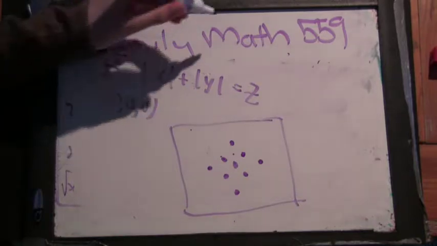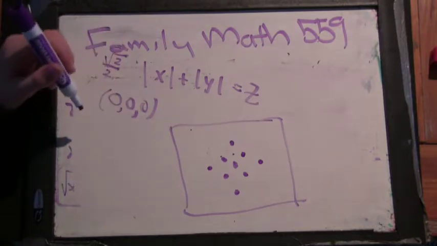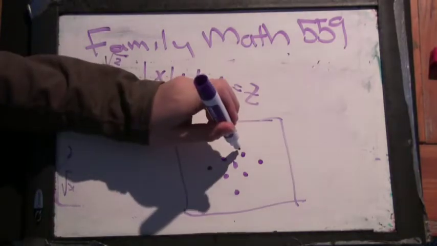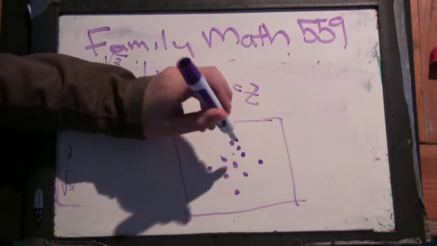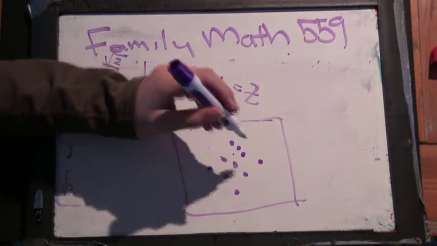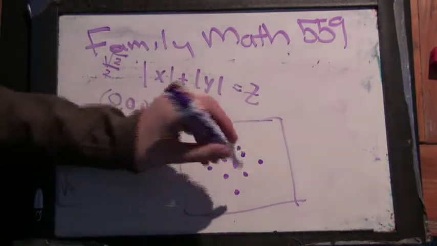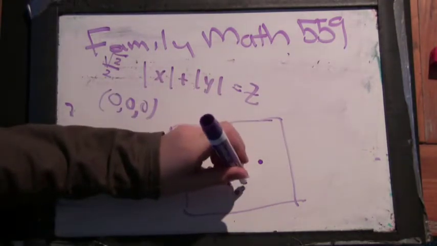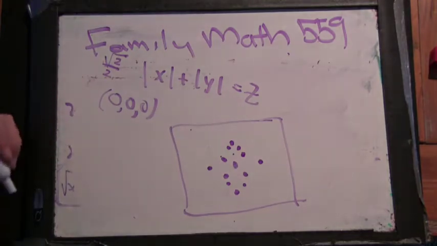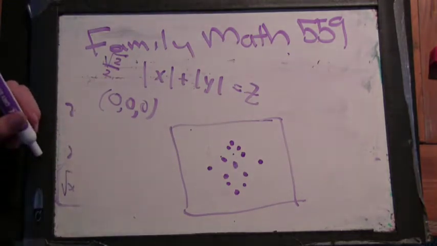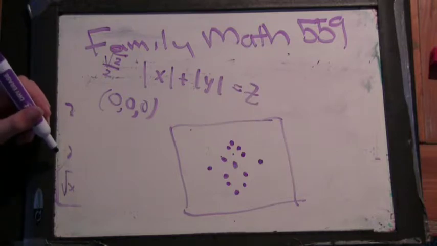But then you can do x is a third, y is 2/3. It's going to be like that. And that gives you something that actually doesn't look like a square. Well, you do want to be careful because you're just kind of randomly plotting dots here.